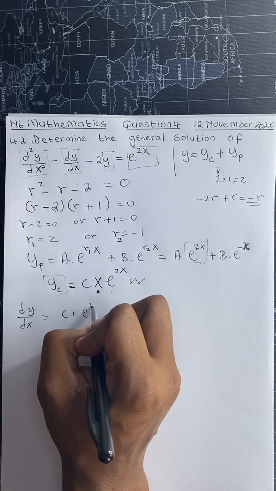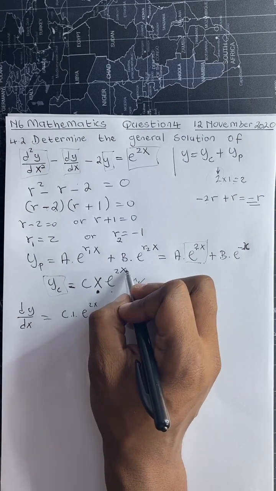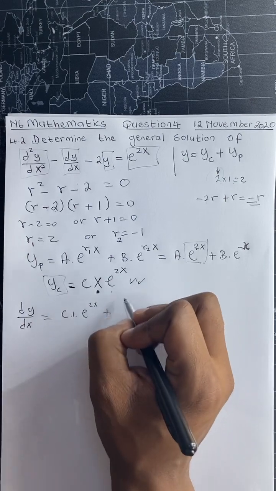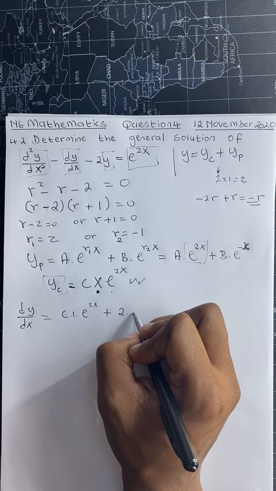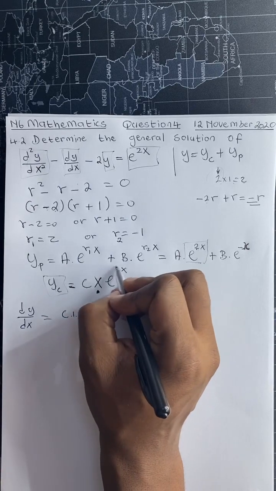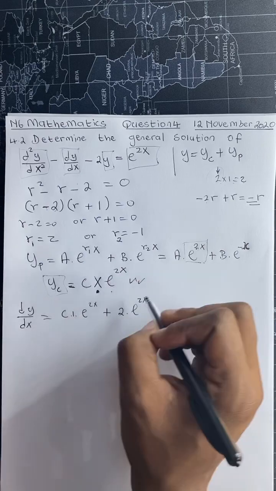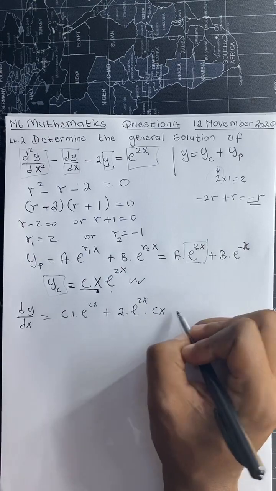multiplied by e to the power 2x plus the derivative of the e to the power 2x multiplied by that. The derivative of e to the power 2x is equal to 2 multiplied by e to the power 2x. The 2 is the result of differentiating the 2x, and we have to multiply it by the cx.